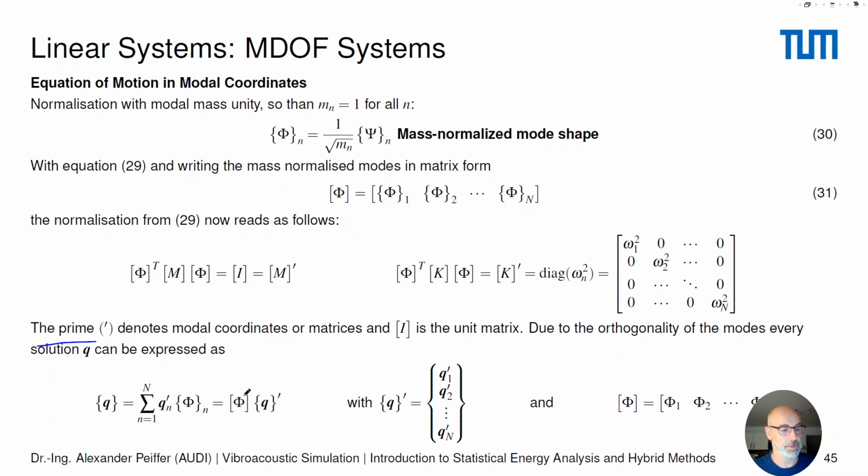Or again, in matrix notation, we're using this matrix here, and we use the modal coordinates as a vector. The vector looks exactly like this. It's a column vector of all the coordinates, and as mentioned before, the modal transformation matrix is the list of all column vectors of the single modes.